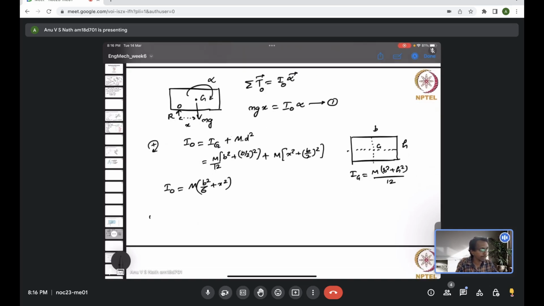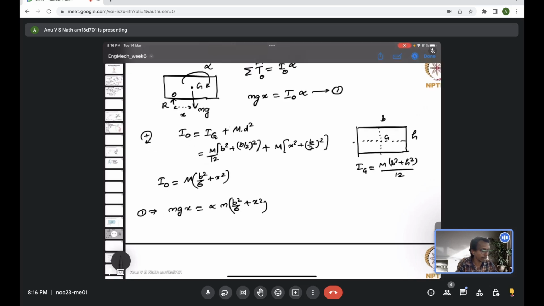Now come back to equation 1. You can substitute this. x is an unknown, we have to evaluate that. So mg times x is equal to alpha times m times b square over 6 plus x square. I have used capital M and small m intermittently, don't get confused, it is just the mass of the body.